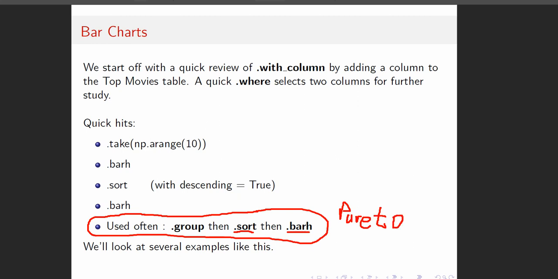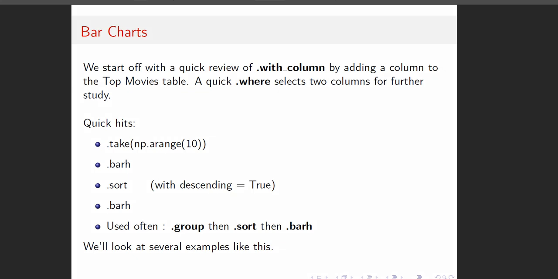We've done a couple examples like this, and there will be more down the road in this course. Okay, just pointing that out, that's a good one to remember, that we use dot group and then we sort the grouping table. And then we're going to use the barh, all right?